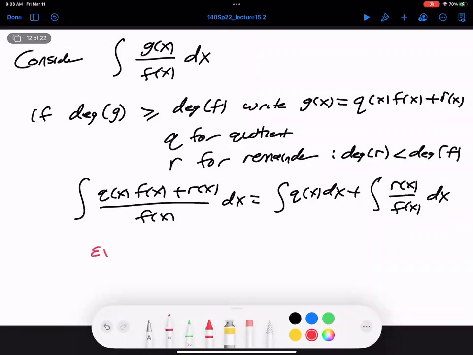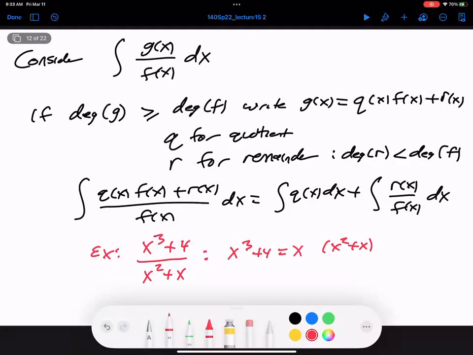So for example, if I have x cubed plus 4 over x squared plus x, I can write x cubed plus 4 as some multiple of x squared plus x. So what would I have to multiply by? Well, clearly I need to multiply by x, and that will give me x cubed plus x squared.